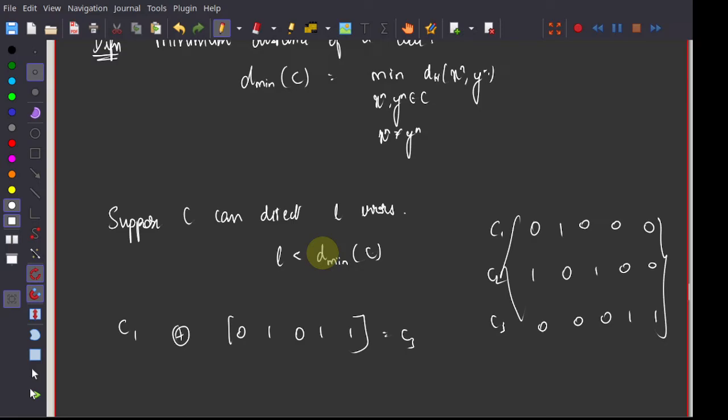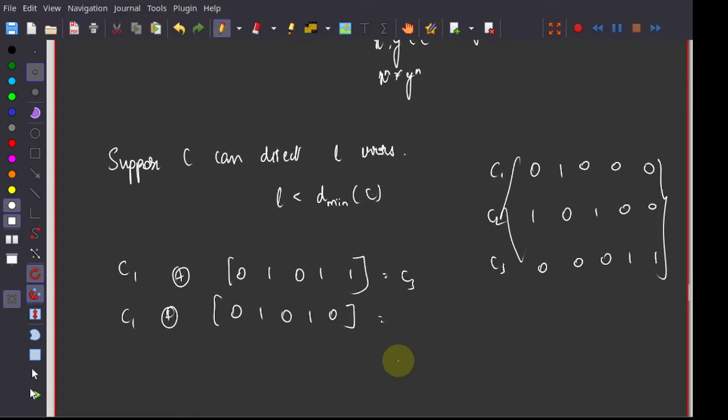So suppose I have C1 plus 0 1 0 1 0. So this gives me what? Gives me 0 0 0 0 1.